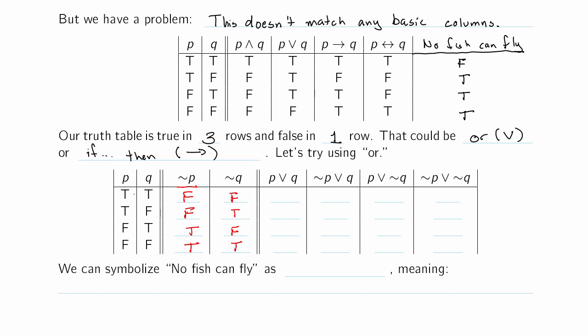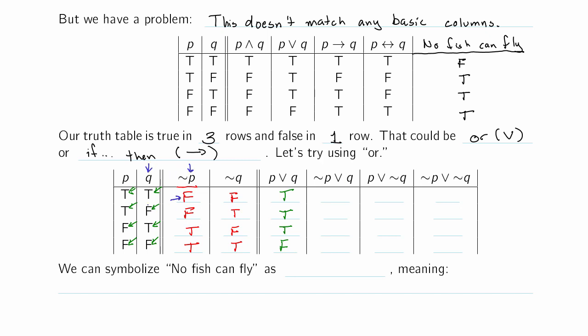So P or Q, P is true, Q is true, P or Q is true. P is true, Q is false, P or Q is true. P is false, but Q is true, P or Q is true. P is false, Q is also false, P or Q is false. Not P or Q, we'll want to look at the not P column and the Q column.